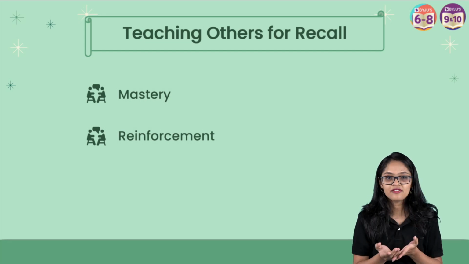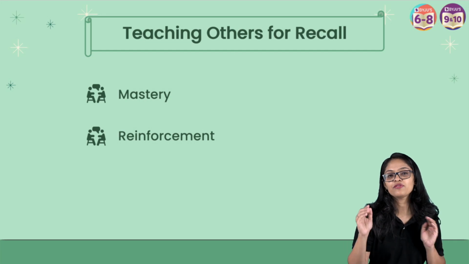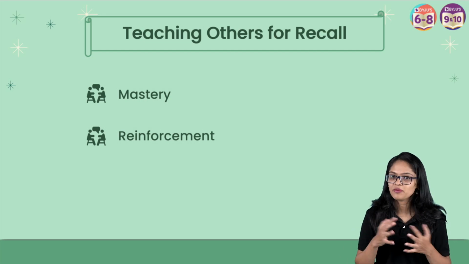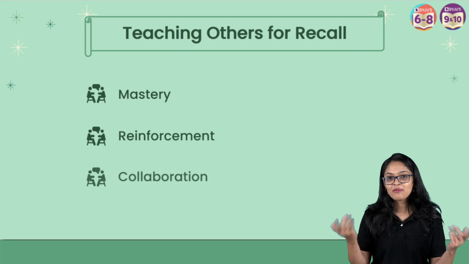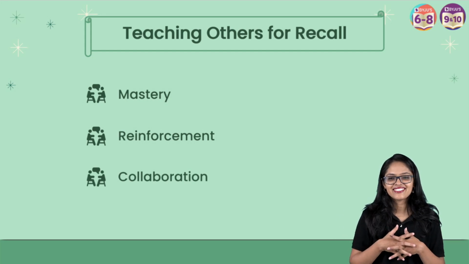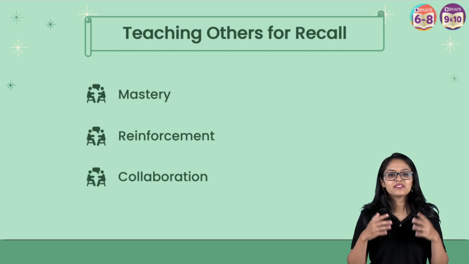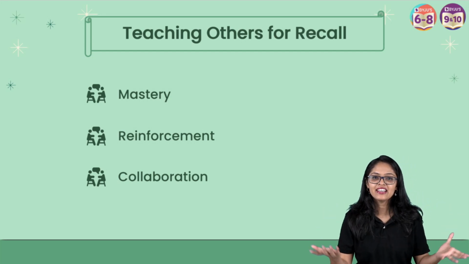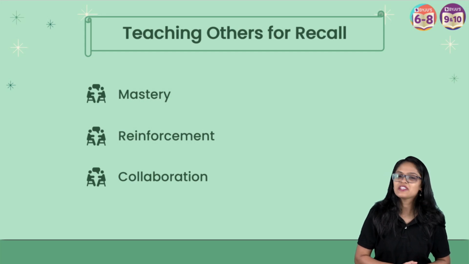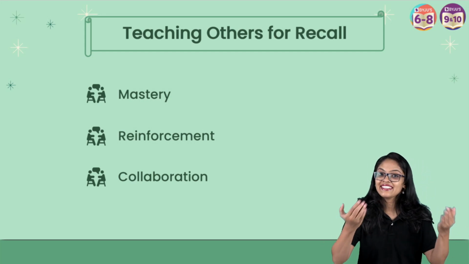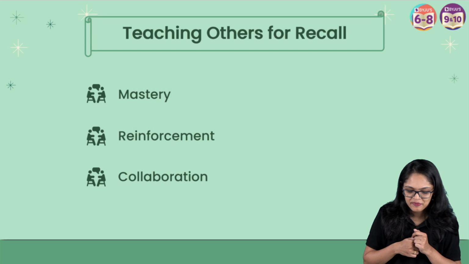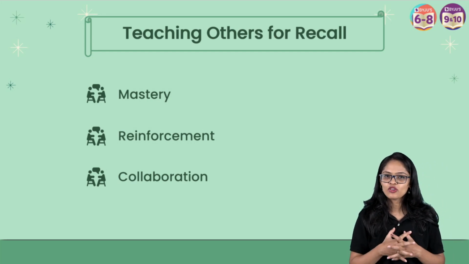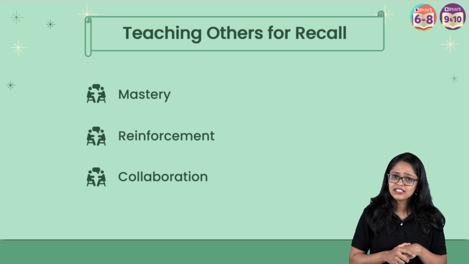You are learning from your friend, and your friend is also learning from you. So there is collaboration while you're learning. So teaching others for recalling a particular concept that you have studied helps you to master the concept. It also gives you some reinforcement for studying, and helps in collaborative learning.